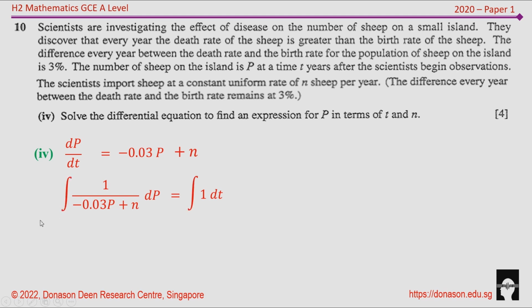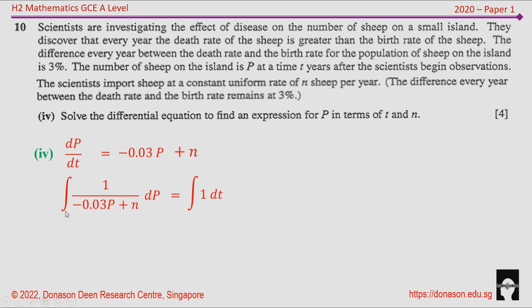So let's put the integral. If I want to integrate this, unless it is of the form f prime x over f x, that type of form, then it's easy to integrate straight. So if I differentiate the denominator, negative 0.03p plus n, n is of course a constant. When you differentiate, it's going to become 0, so we can ignore that.